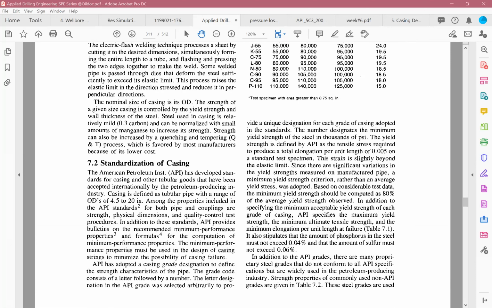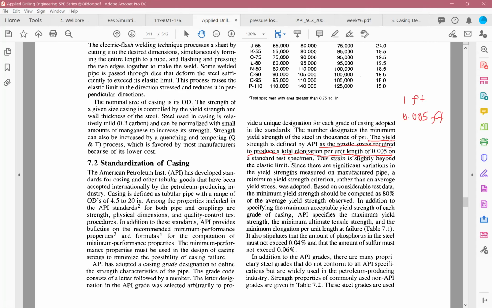Yeah, this is here. So this is the definition of the yield strength. It is defined by API as the tensile strength required to produce a total elongation per unit length of 0.005. So if your casing, let's say, is 1 foot, just an example, then your casing should be changed by 0.005 feet.